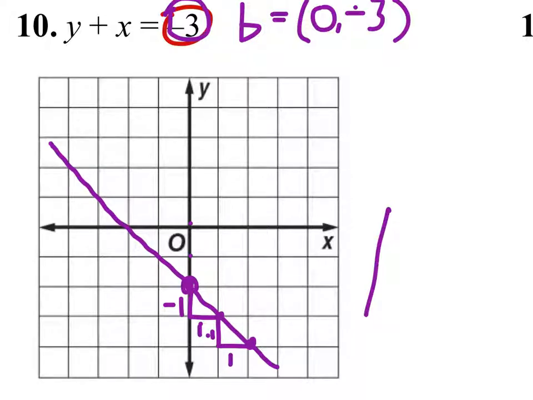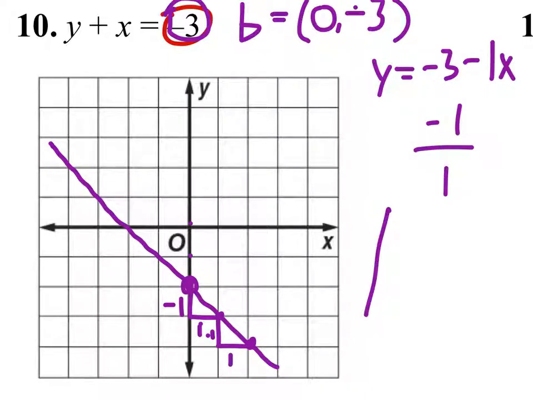So y is equal to -x, sorry, minus 1x over 1. Okay. Go down 3, then -1 over 1. Very good. Excellent.